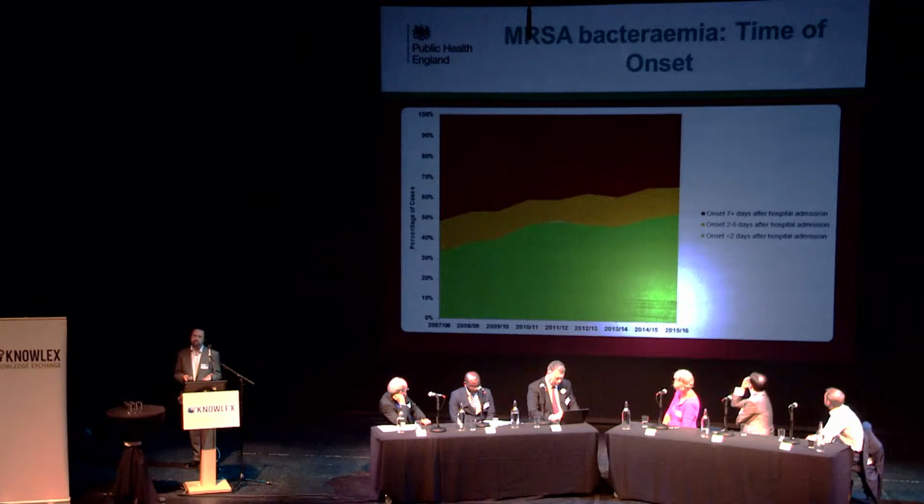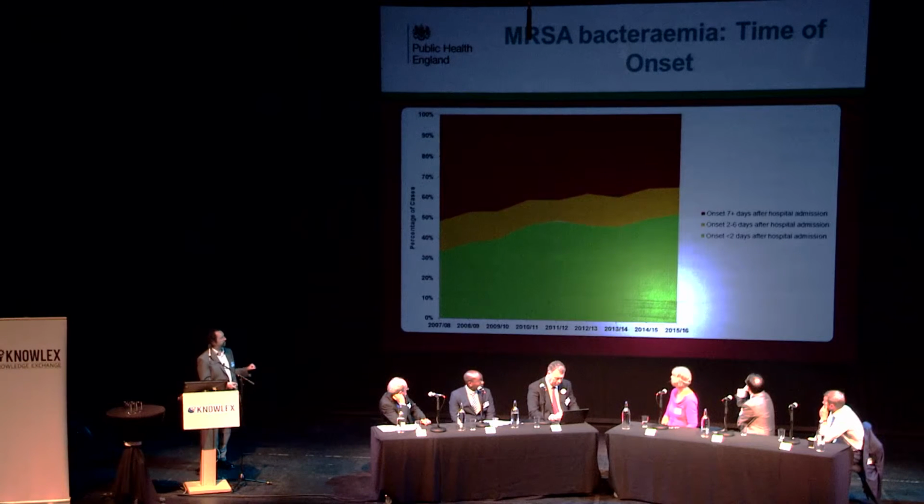And what we've seen over time is that MRSA has changed from being mostly a hospital onset infection to a community onset infection. So you would consider community onset infections to be the green part of the chart here.